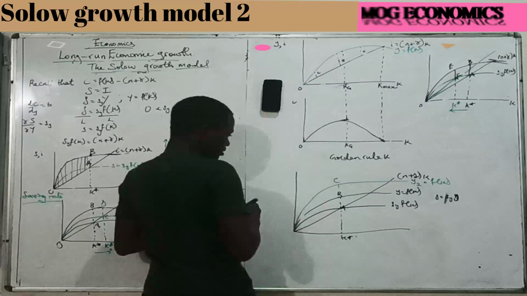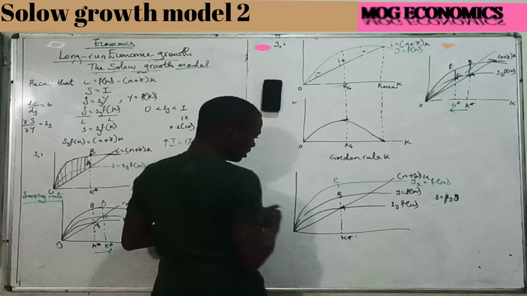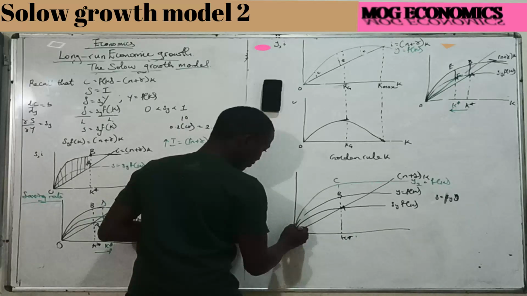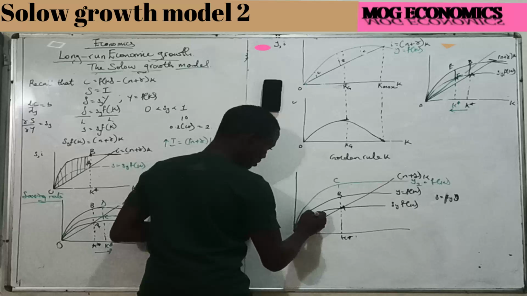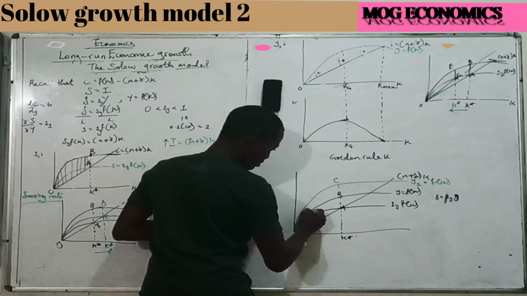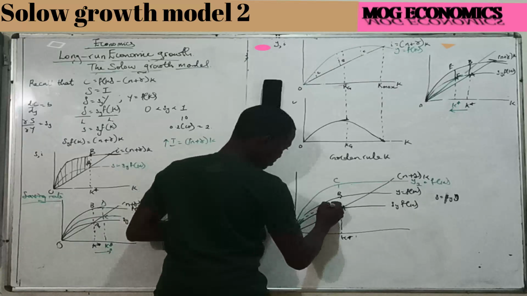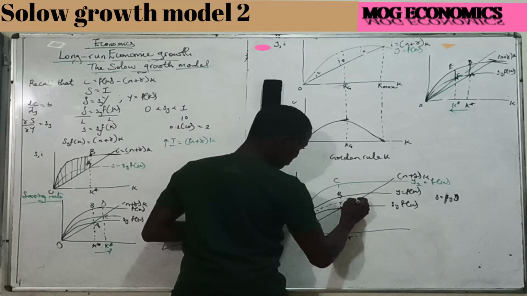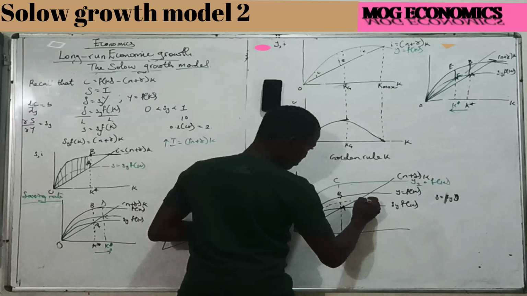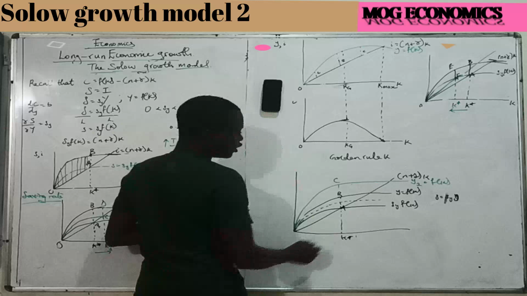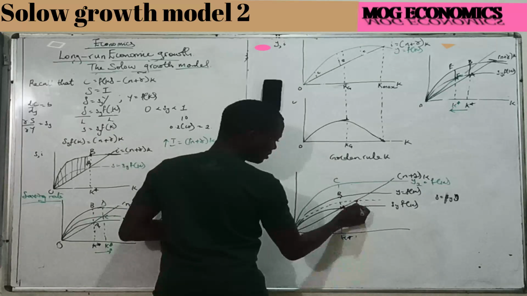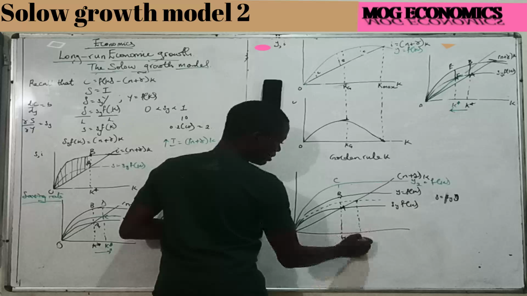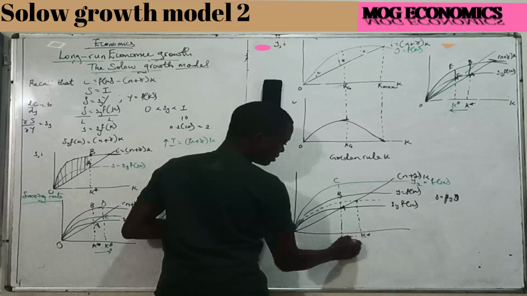This was the initial saving, so saving will rise. Let's say something like this. You understand? So the new steady state capital per worker is now this.